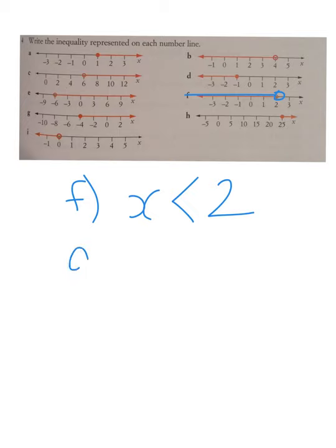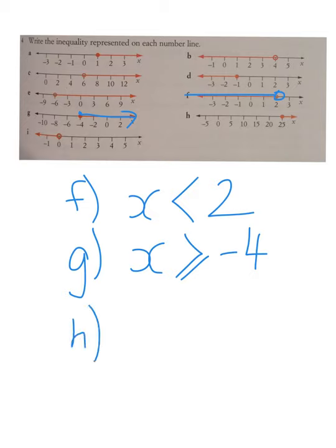Okay, in G, we have X is greater than or equal to -4. So it's a closed-in circle, greater than or equal to -4. Okay, in H, X is greater than or equal to what number? 25.